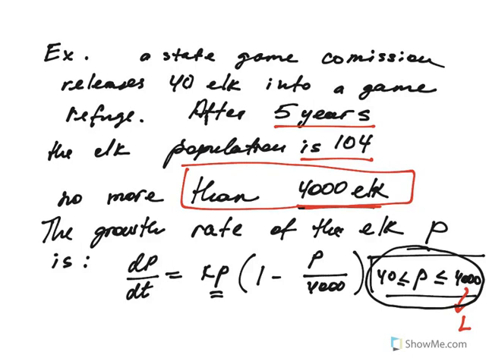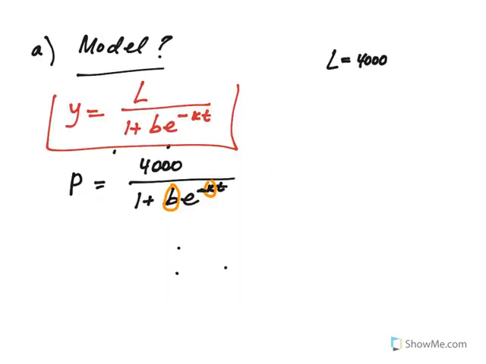In the beginning, a state game commission releases 40. So when t is 0, P equals 40. I'm going to put that point with the coordinates right here, and we call it the initial condition.